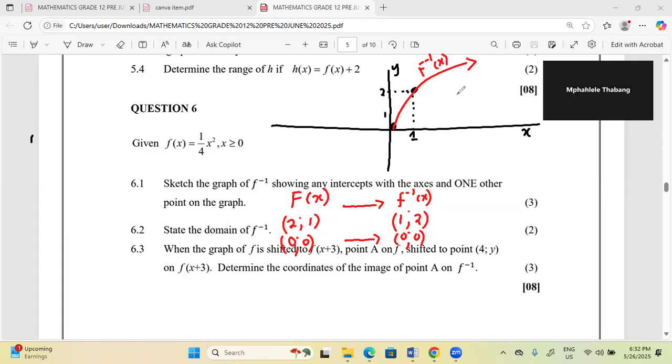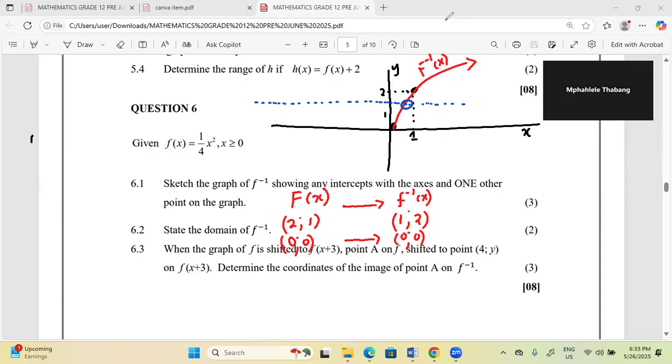If you look at this graph, it is one-to-one. How do I know? A horizontal line test tells me that it's one-to-one because the horizontal line touches the graph of the inverse only at one point. So this is a one-to-one function. And this inverse is a function also because you can use a vertical line.